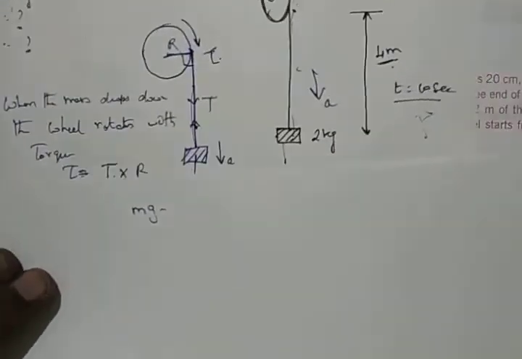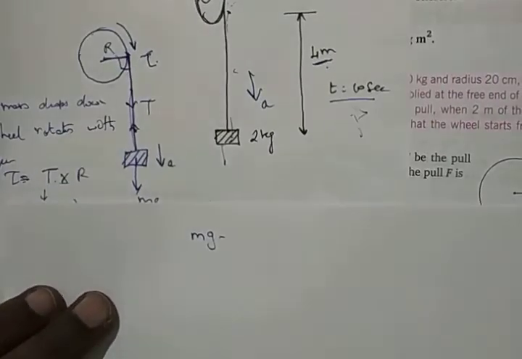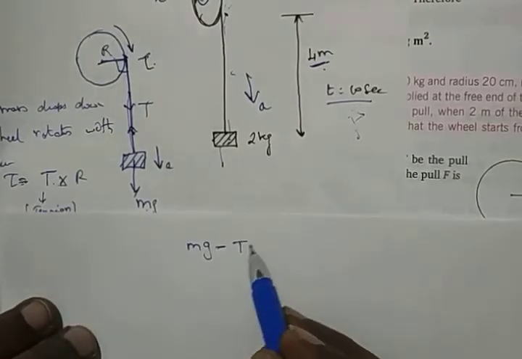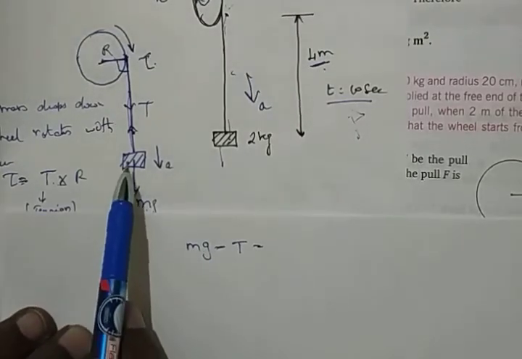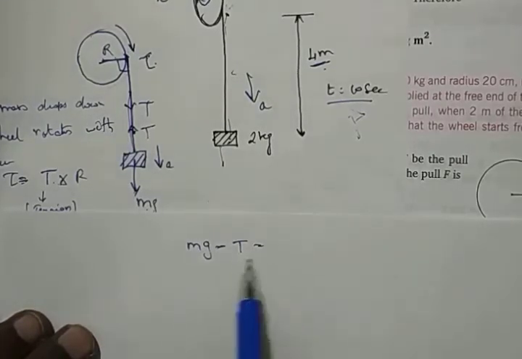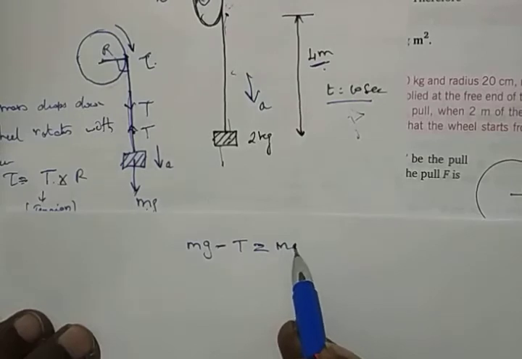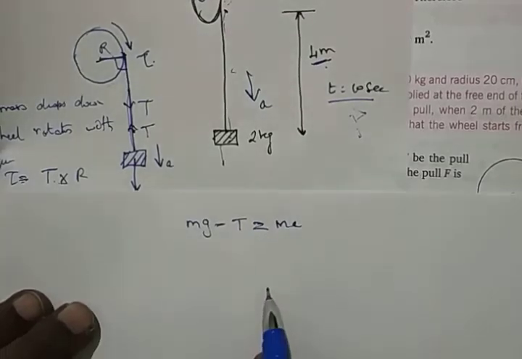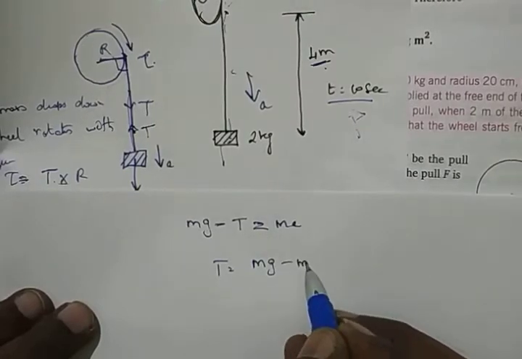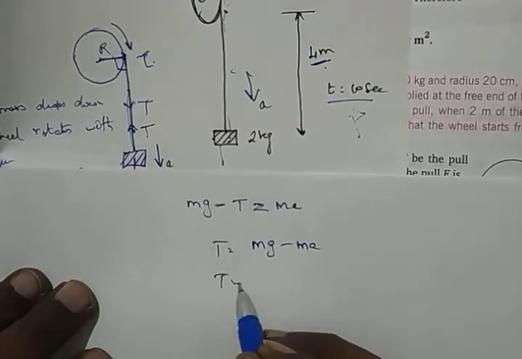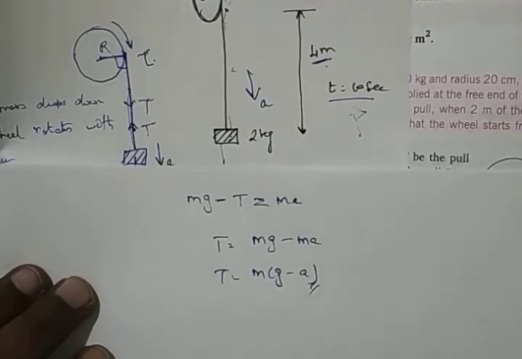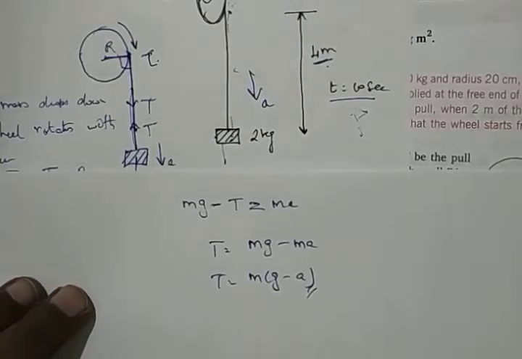So the body is coming down with the weight of m into g minus tension. So this is pulling upwards, the tension is acting upwards here. Minus tension is going to be equal to mass into acceleration. Right? So tension is going to be equal to mg minus ma. So tension is going to be equal to m times of g minus a. So that's the point to find the tension, already done.